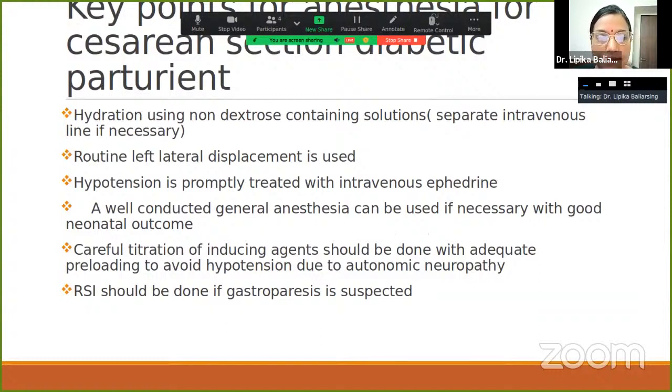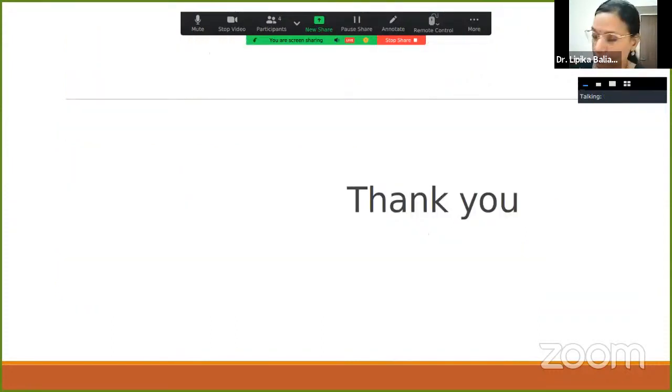If we are giving spinal, then it is our clinical priority to maintain the blood pressure well, so that the effect doesn't get carried over to the fetus. And rapid sequence induction should be done if gastroparesis is suspected. So these are the usual pillars of practice when we are giving anesthesia to obstetric patients, and on top of it to diabetic patients. Thank you for the patient hearing.